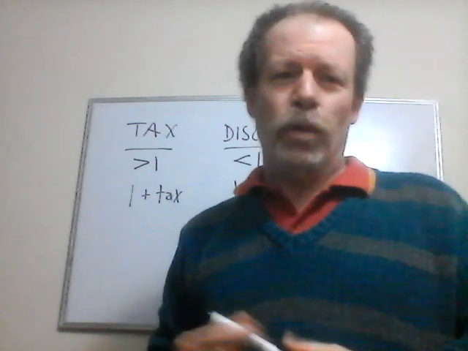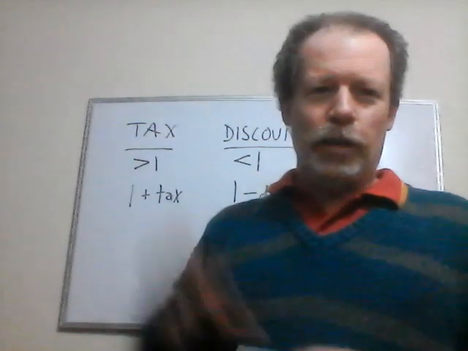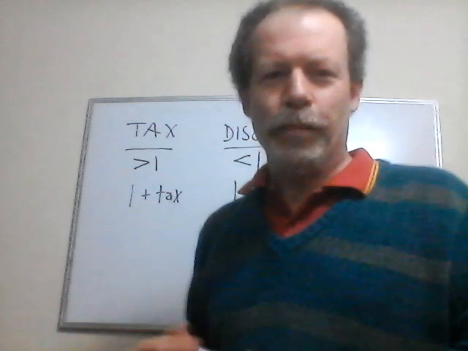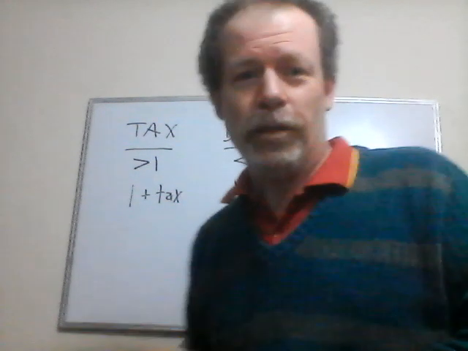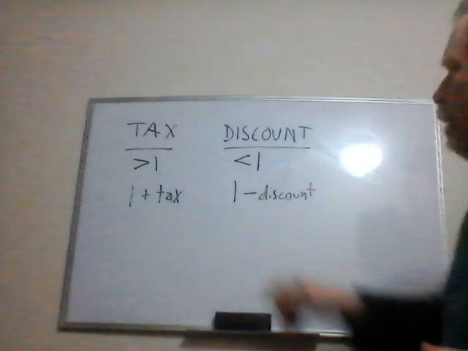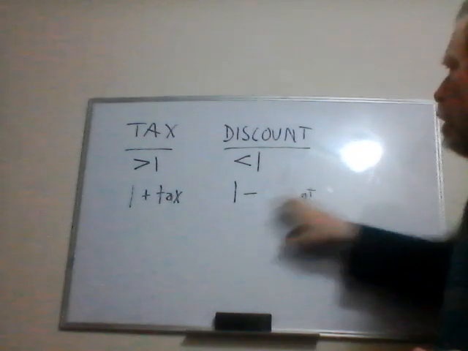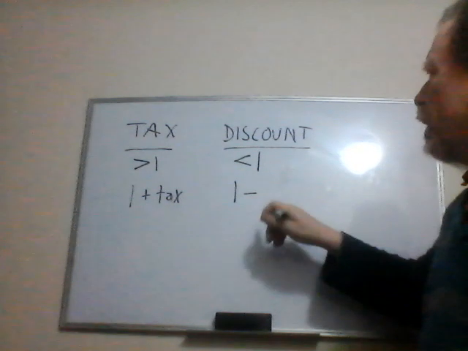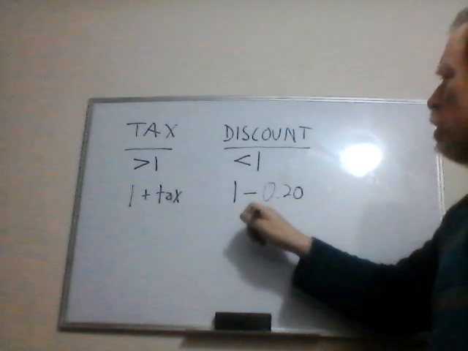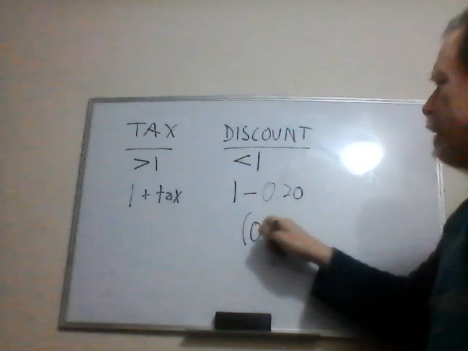Okay, so what are we going to do? We're going to discount our mountain. That sounds weird, but that's what the math allows us to do. We're going to take the size of the mountain, which is 1 mountain, and we are going to subtract 20% from that, 0.20. So our multiplier is going to be 0.80.